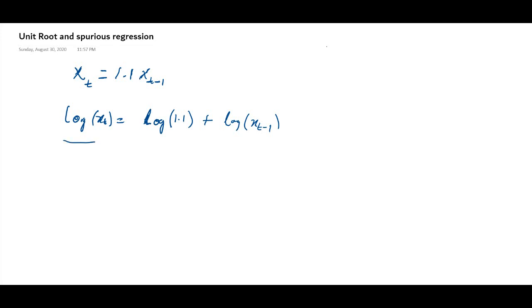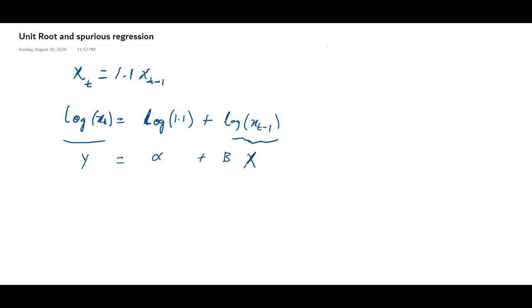Let's say this is our y term for a linear equation, equal to a constant term alpha plus 1, which is the slope, or we may say beta value equals 1, and log x_t minus 1 translates into our x term.